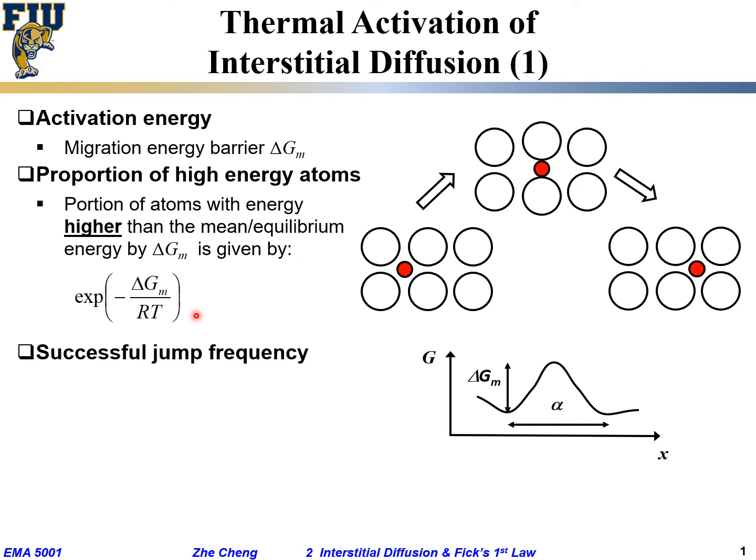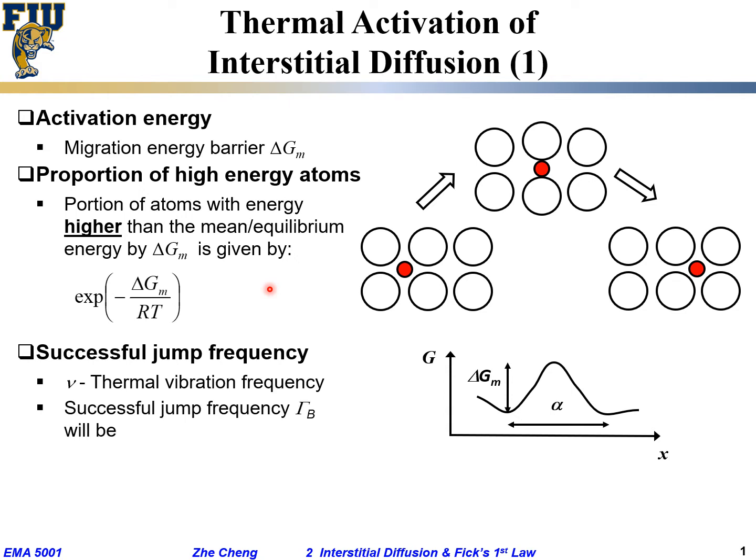Okay. So the successful jumping frequency. Now let's understand the successful jumping frequency, that gamma term, we said it relates to thermal vibration. Thermal vibration we just said is mu. We can estimate by h mu equals kT. That mu, the successful jumping frequency would be mu, my thermal vibration, times that low probability.